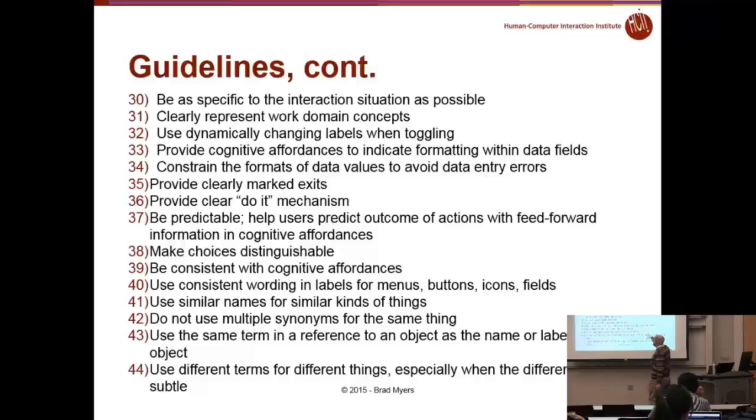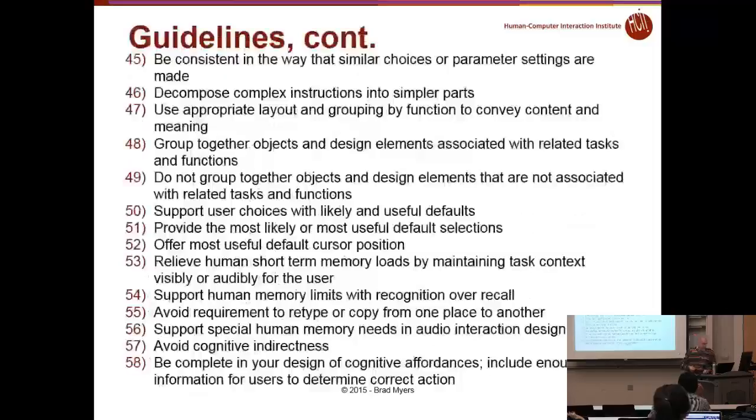Be consistent. Use the same term. A lot of these are details of some of the other ones. They're kind of sub-guidelines. Decompose complex instructions into simpler parts. A lot of these seem like they're just common sense, but as you'll see, it's not at all unusual to violate them. Anybody see what the question said?